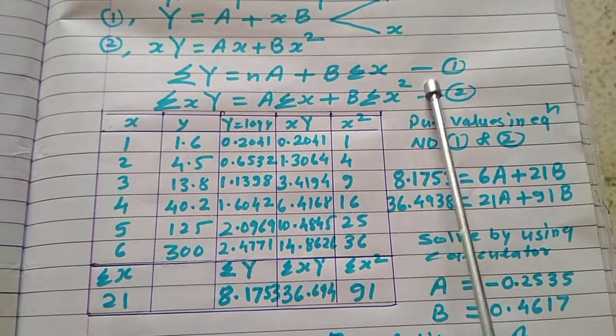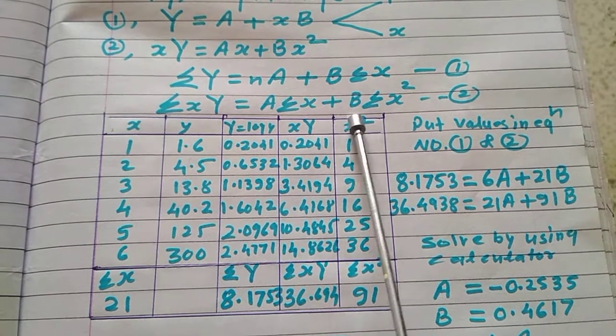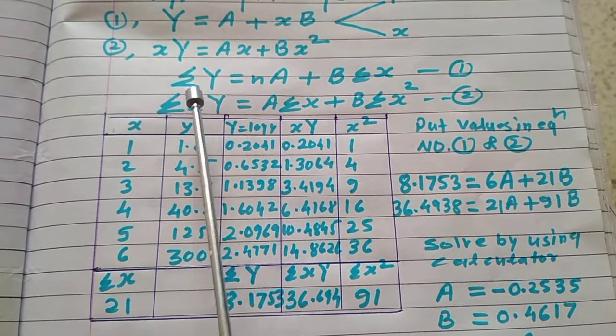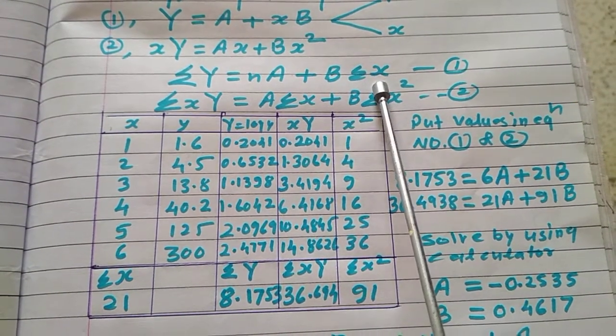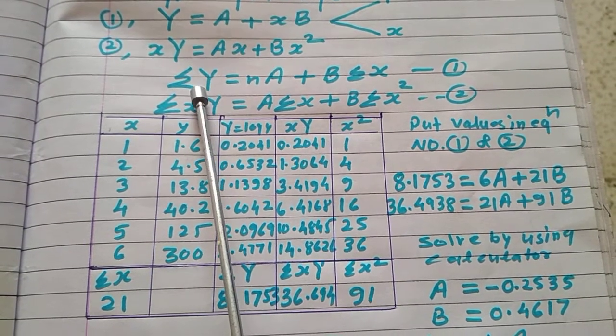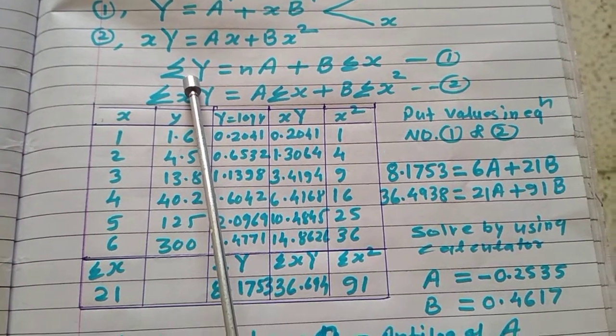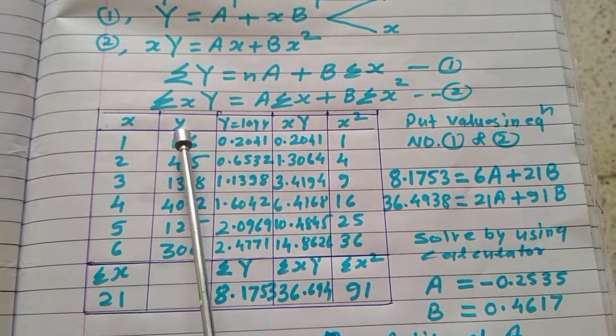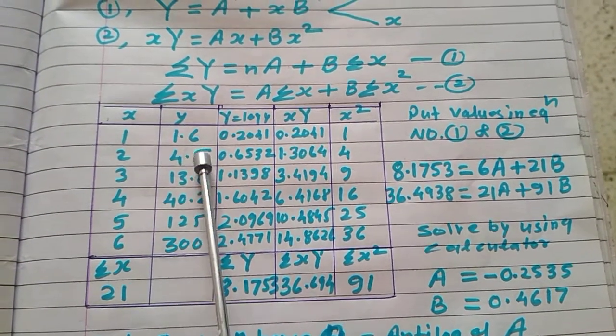Now I want to fit a straight line, so I must know summation of small x and summation of capital Y. Capital Y means the new table. This is the small y table, it is given.